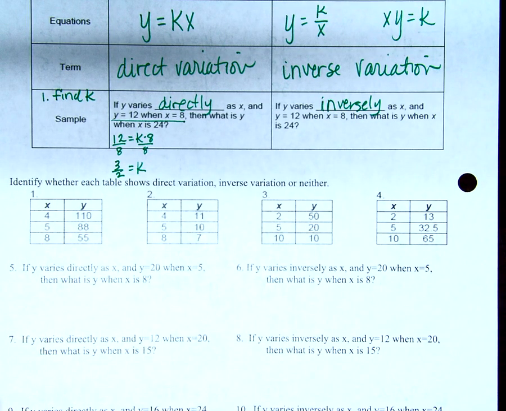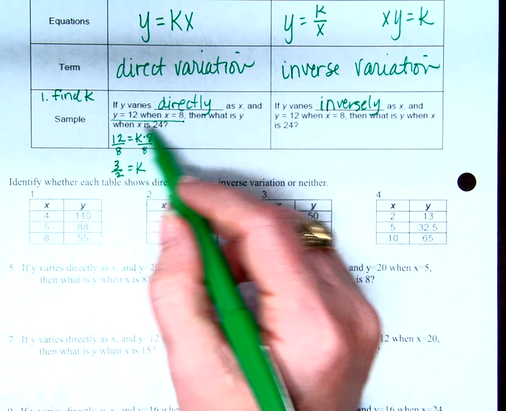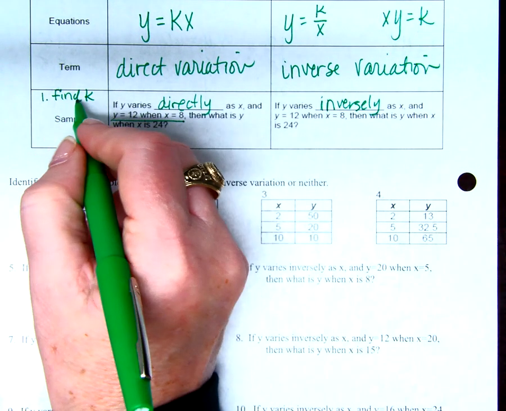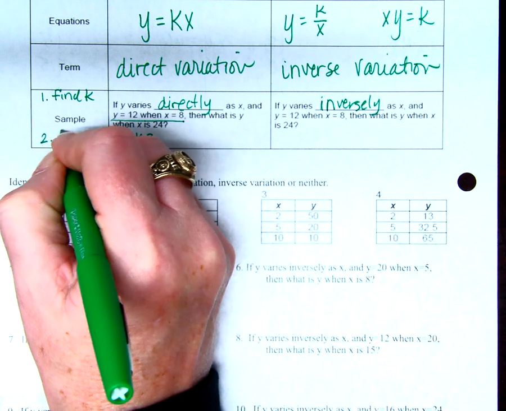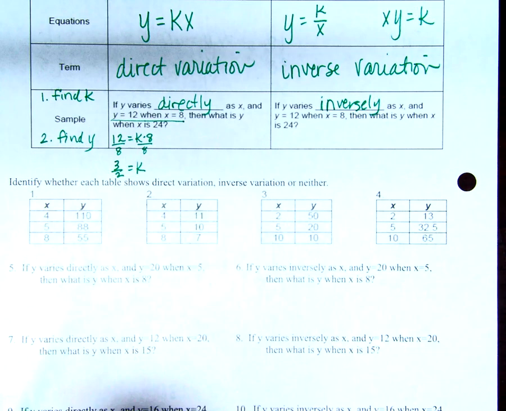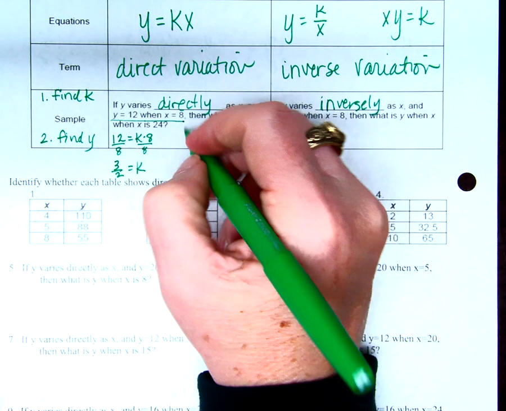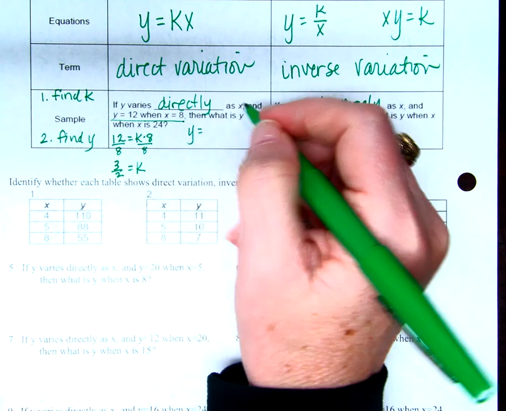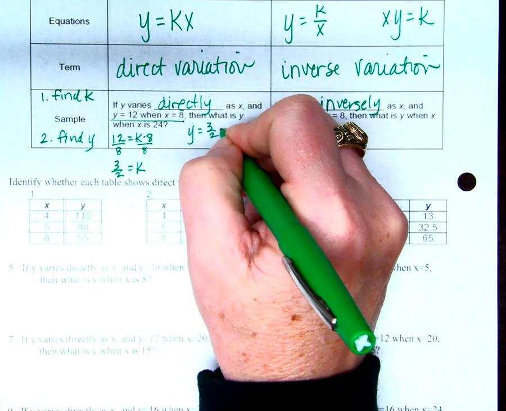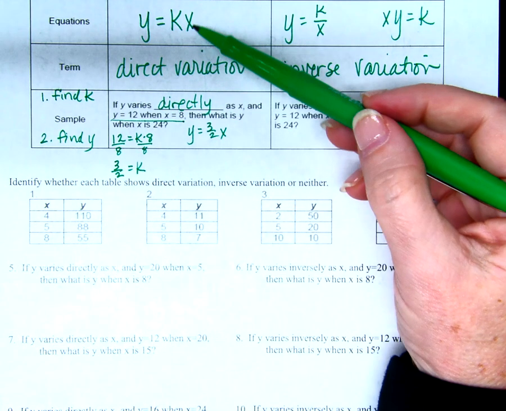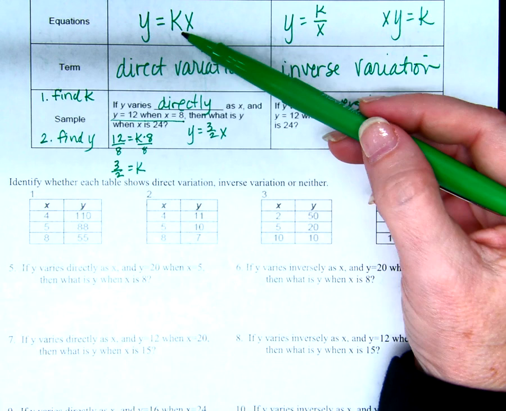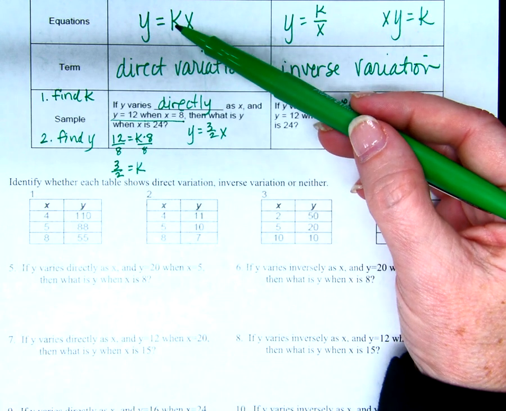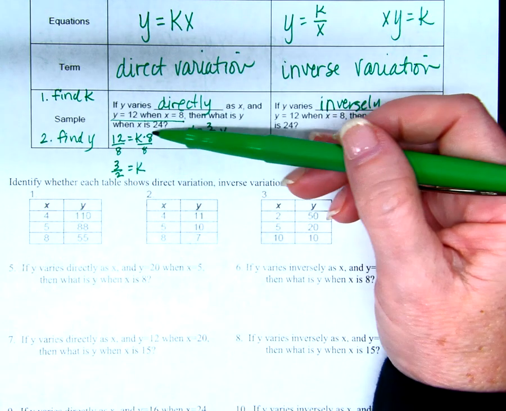But have I answered the question yet? No, the question says what is y when x equals 24? Now that I know what k is, I can find y. For this problem, y equals 3/2 x, right? I found k, so let's plug k in. Now, what else do I know?